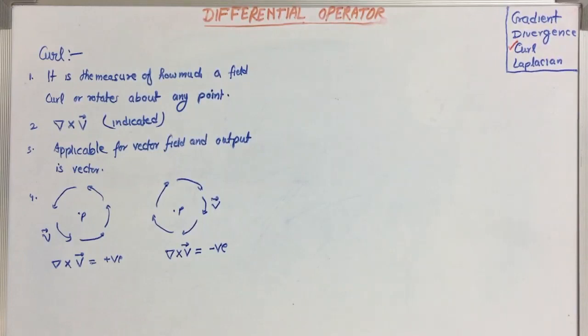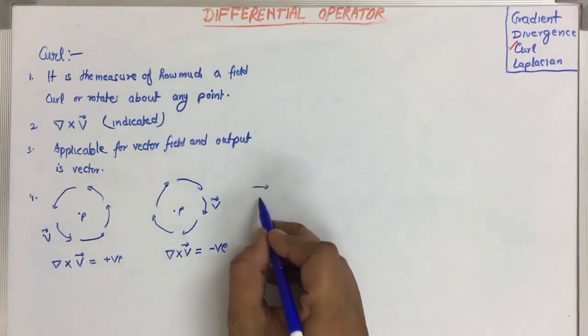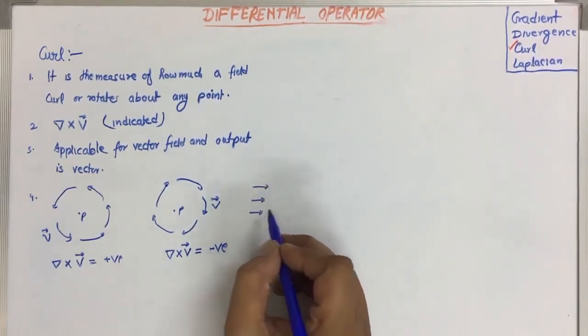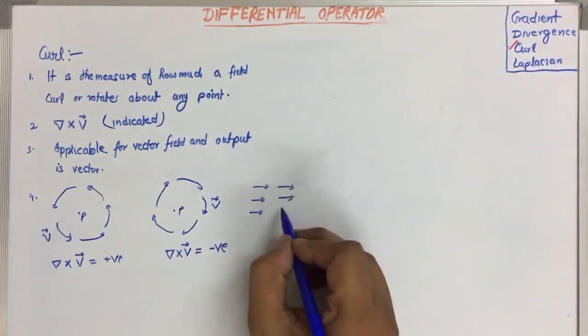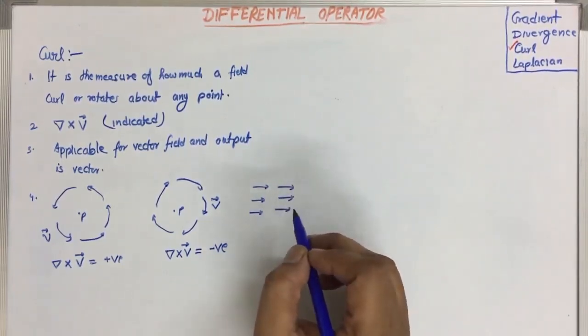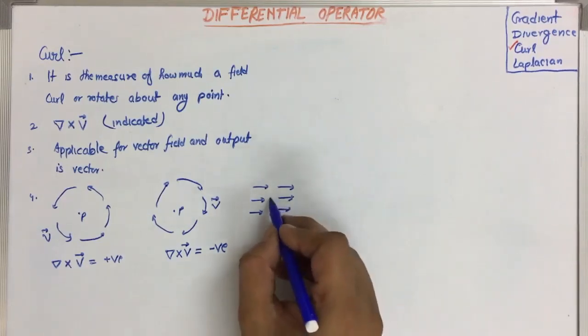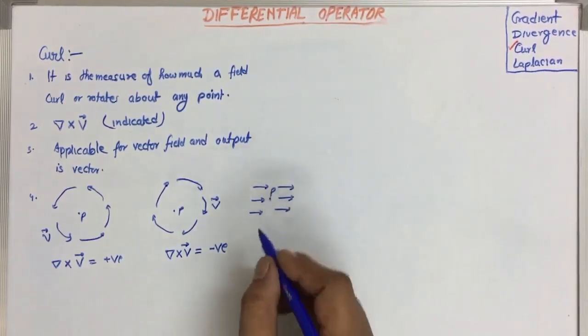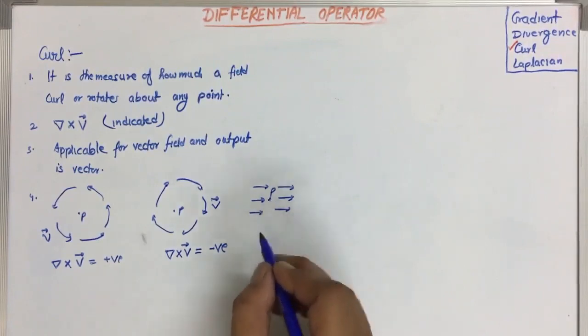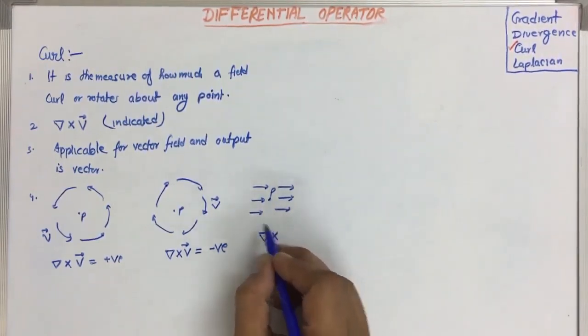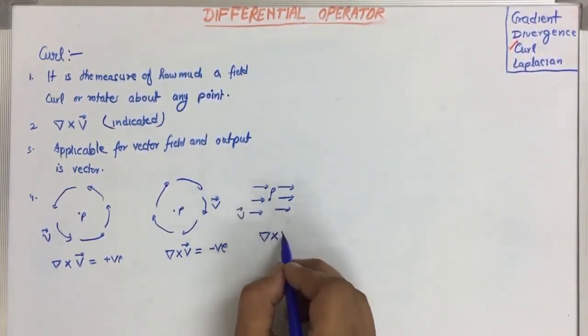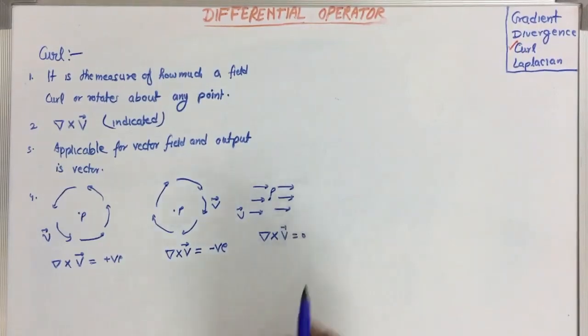Now, the third thing that we can consider here: if any field is not having the curly nature at any point, then we can say the curl of the field is 0.